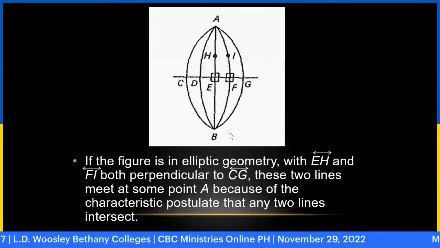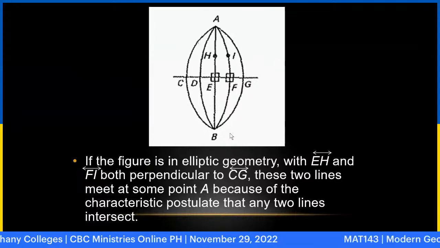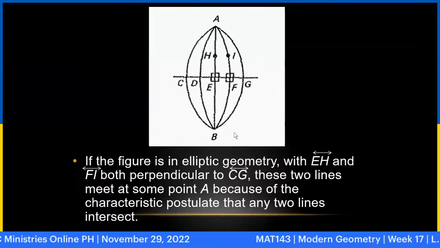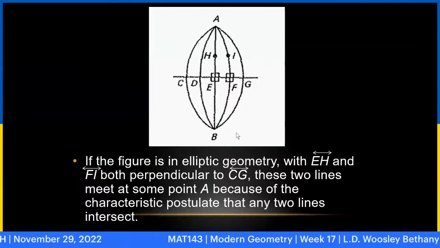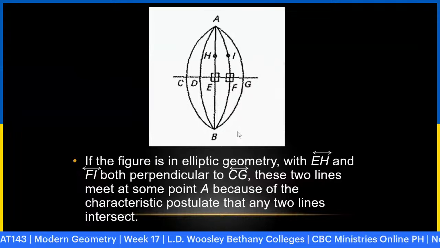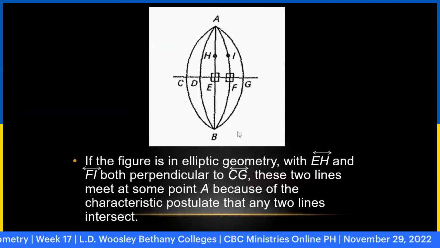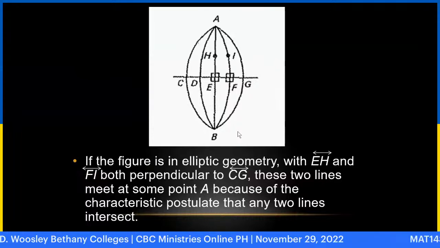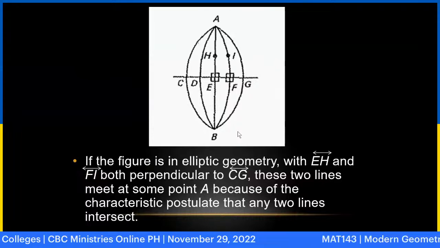Sa taas, sa baba. Anong tawag doon? May tawag doon, North Pole and South Pole, yes, they will intersect there. All of the latitudes will intersect at the North and South Pole.